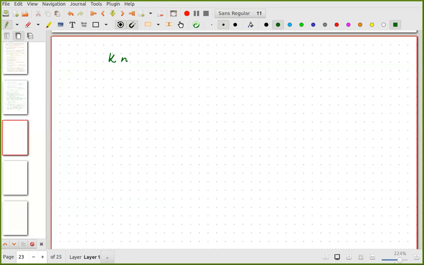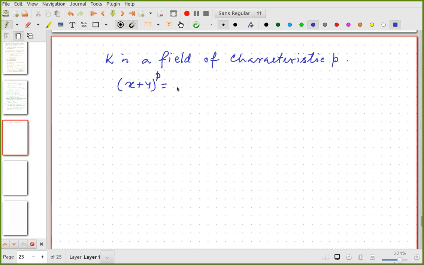So K was the notation. So K is a field of characteristic P, then (x plus y) to the P. So if you expand it using binomial theorem, then you have many terms.